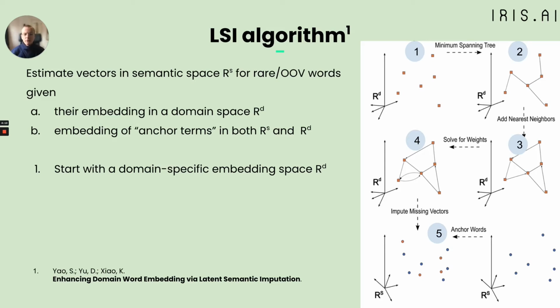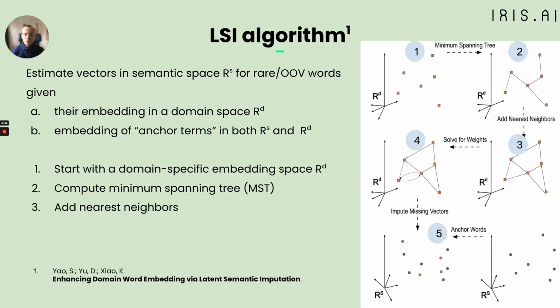The starting point is the domain-specific embedding space. By assumption, it contains embeddings both for terms which are also embedded in the semantic space, as well as terms for which we want to impute. In step 2, we use the mutual distances in the domain-specific space to compute a minimum spanning tree.